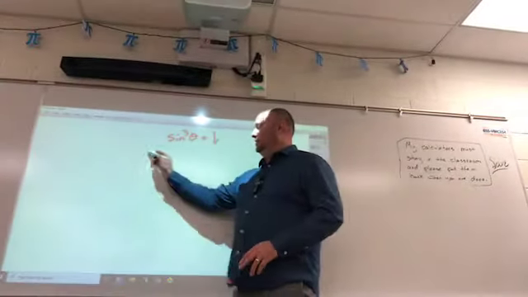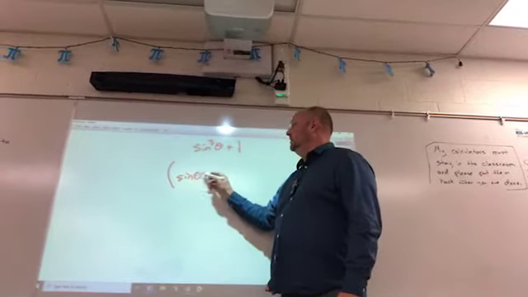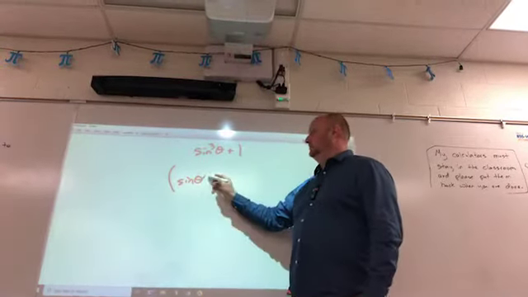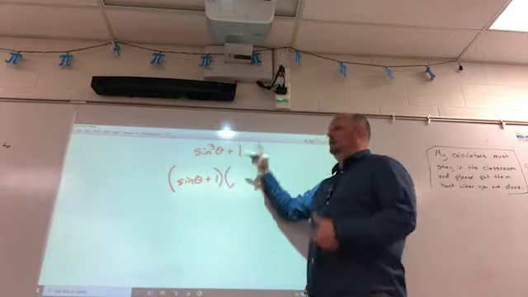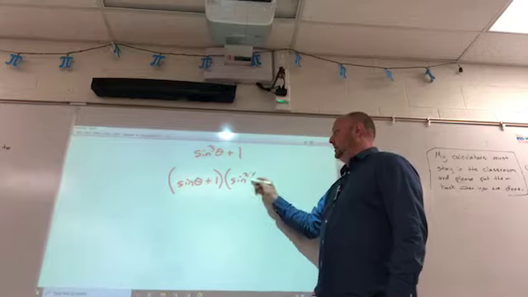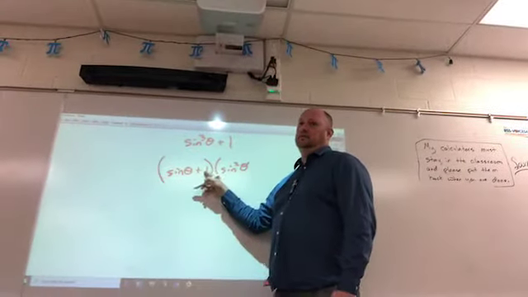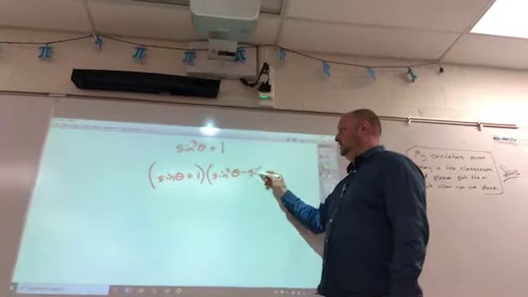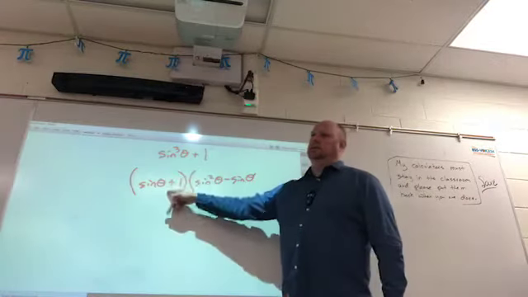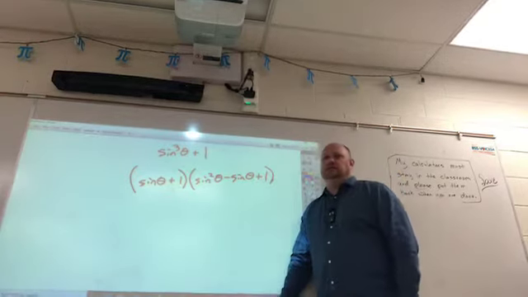So what is the cube root of the first one? Sine. What's the cube root of 1? 1. And then you take the first one squared, which would be sine squared, opposite the product, so minus sine, second one squared. I think that's the easiest way to do that.